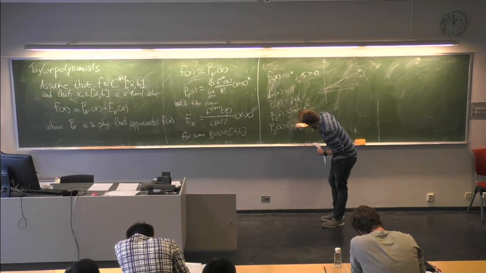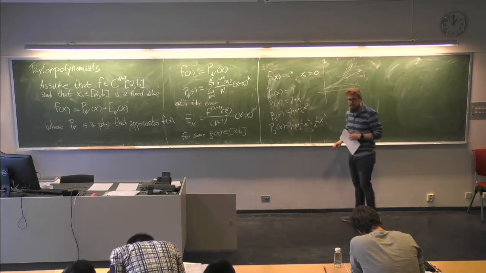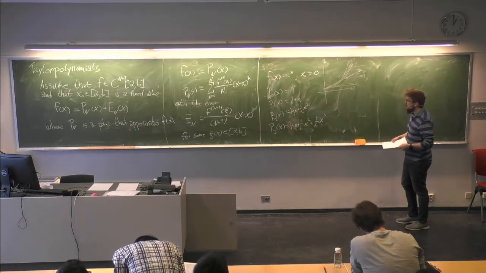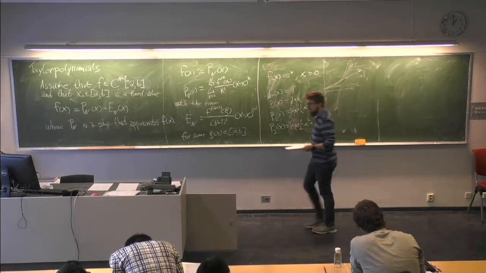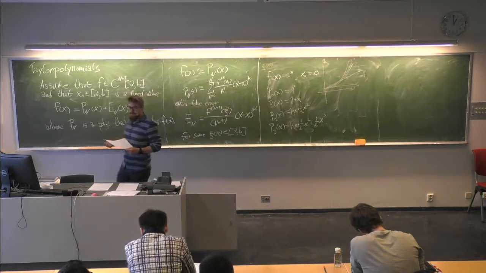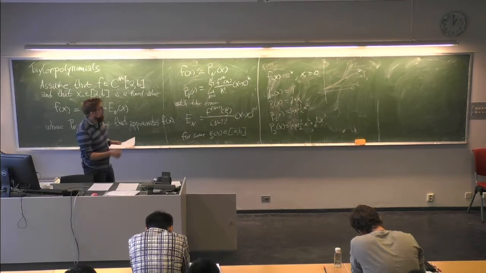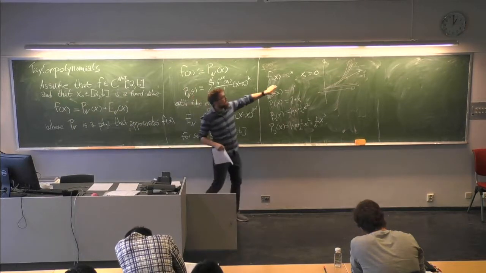Plus x, of course, my bad. Okay, so here it kind of works. You can just keep adding higher and higher degrees of polynomials, and you will approximate e to the power of x better and better.